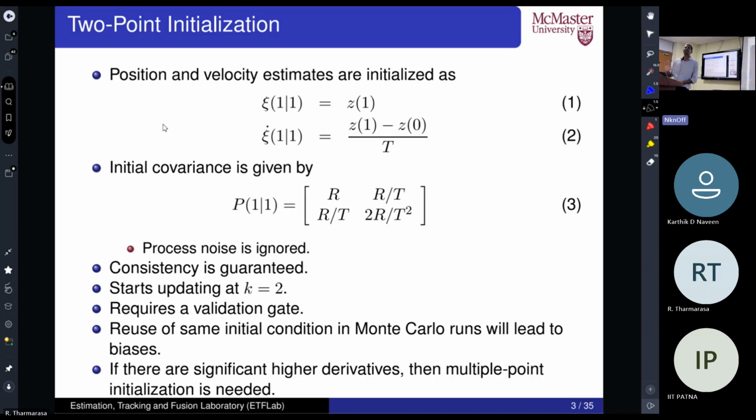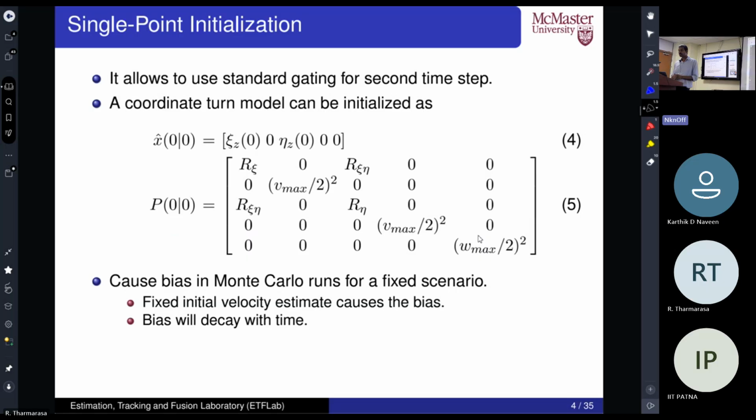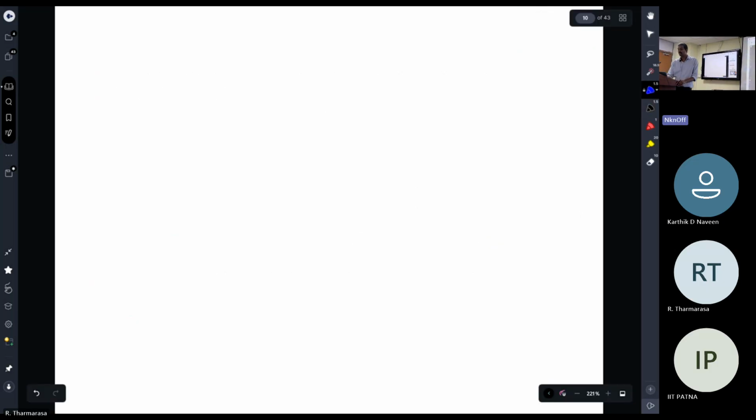I will quickly summarize that, but we don't want to spend too much time here because it's a little complicated. Say this is k equal to 10, k equal to 11.